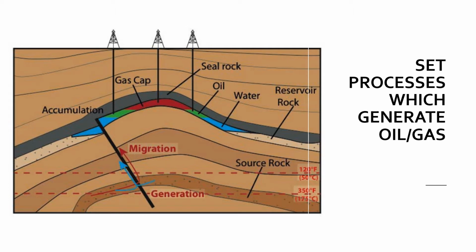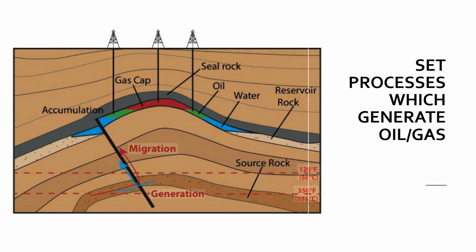Now, these are the processes which are involved in the generation of oil and gas. The first step is the generation of oil or gas from your source rock, and this involves heating up an organic rich rock such as shale.